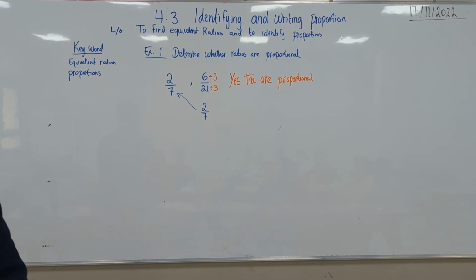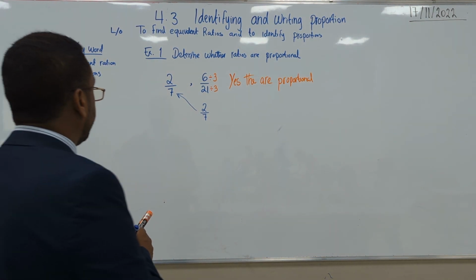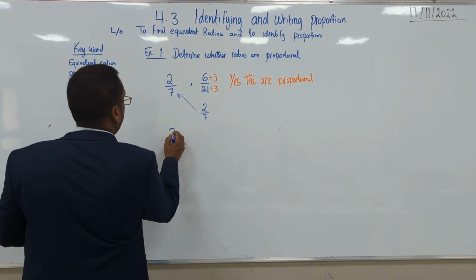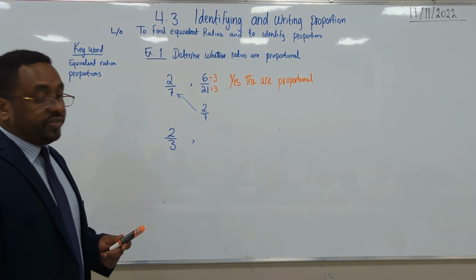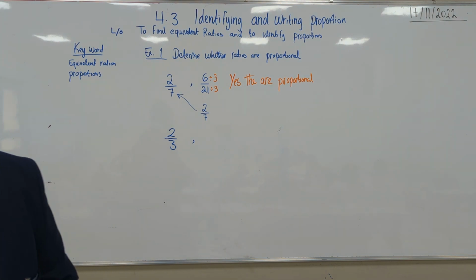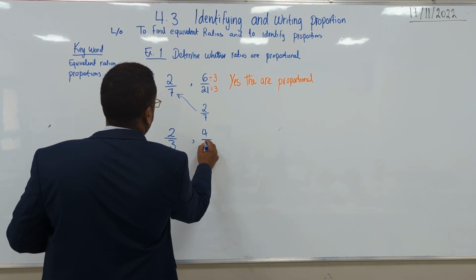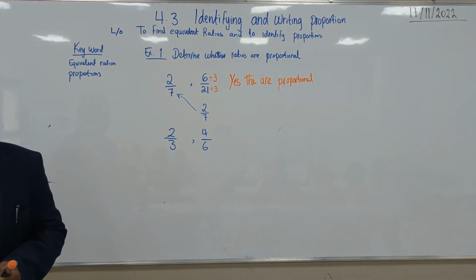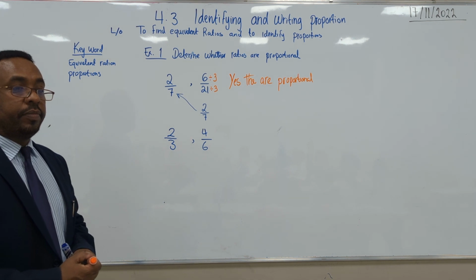Now can you write down this one for yourself? 2 over 3. I want you to find out if this is proportional to 4 over 6. How do we do that? Divide 4 by 2.